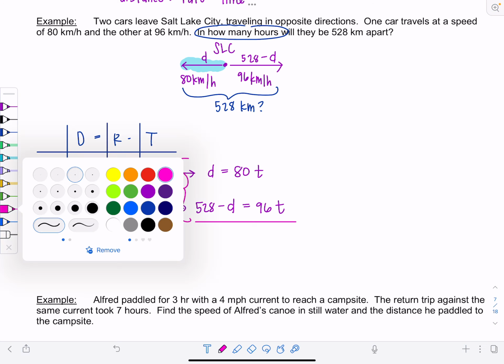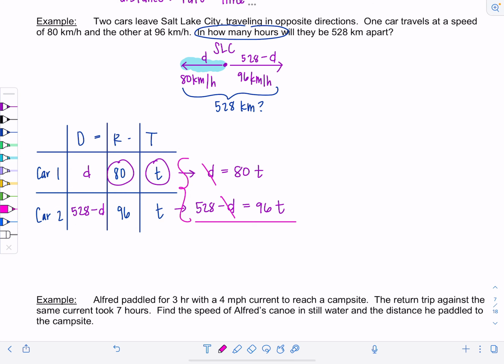D cancels out here on the left-hand side. So you just have 528 equals 96 plus 80t, which would be 176t. Dividing both sides by 176, you get t is equal to 3. So we're done after 3 hours.